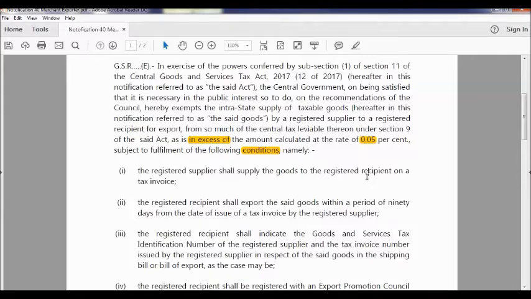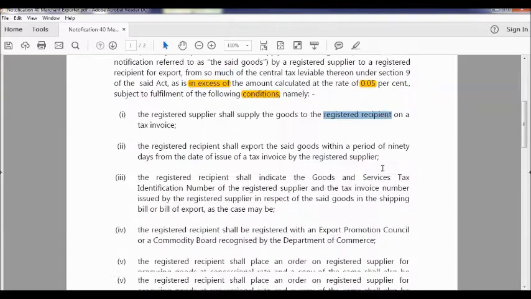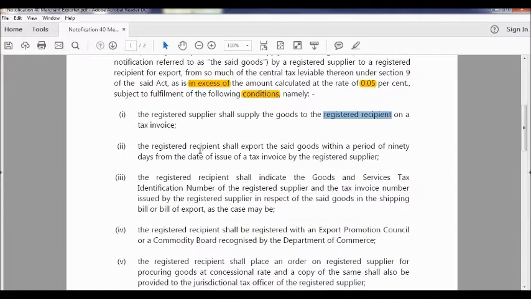So what are the conditions? The registered person shall supply the goods to the registered recipient on a tax invoice. The registered recipient means the merchant exporter here, and the registered supplier is the person supplying to the merchant exporter. Then the registered recipient shall export the said goods within 90 days from the date of issue of the tax invoice by the registered supplier.